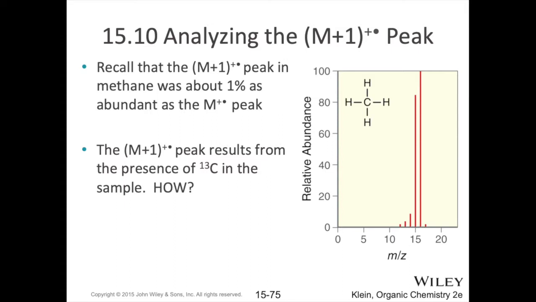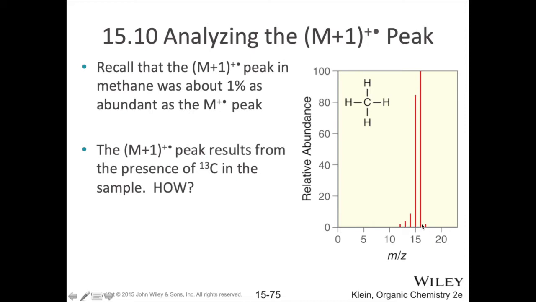So now we've got to take into account isotopes. While carbon-12 is the most common isotope of carbon and therefore accounts for the parent ion peak you see, don't forget there are heavier isotopes of carbon out there. You have carbon-13, carbon-14, out of which carbon-13 is significant enough that you will see a tiny peak based on the presence of carbon-13.